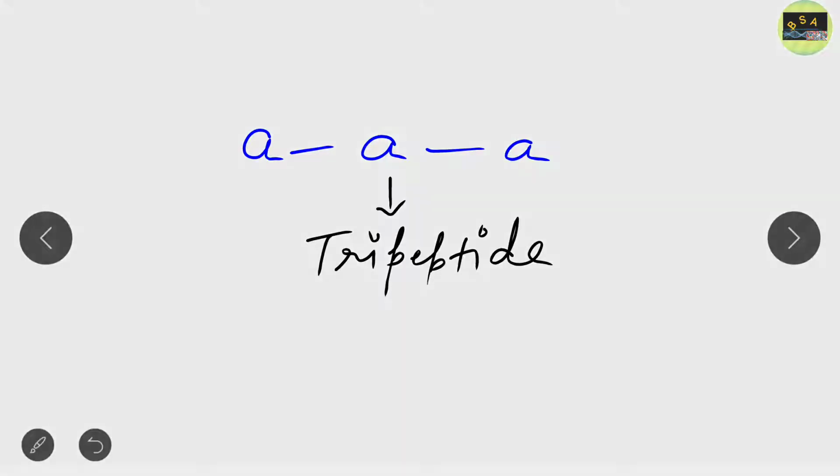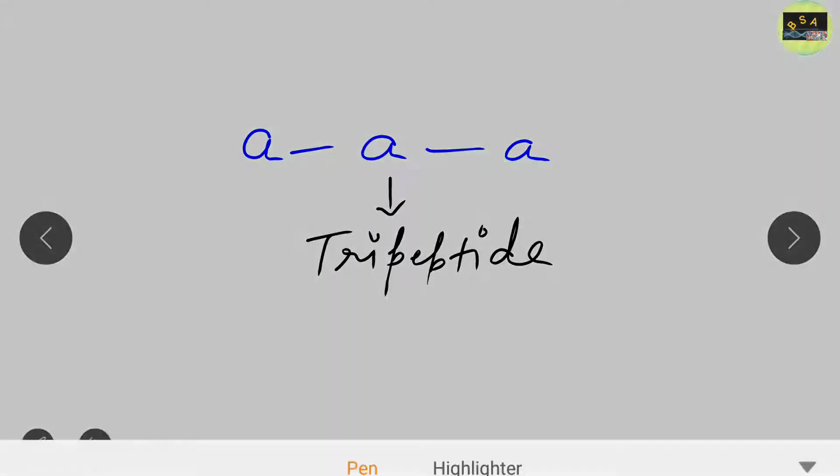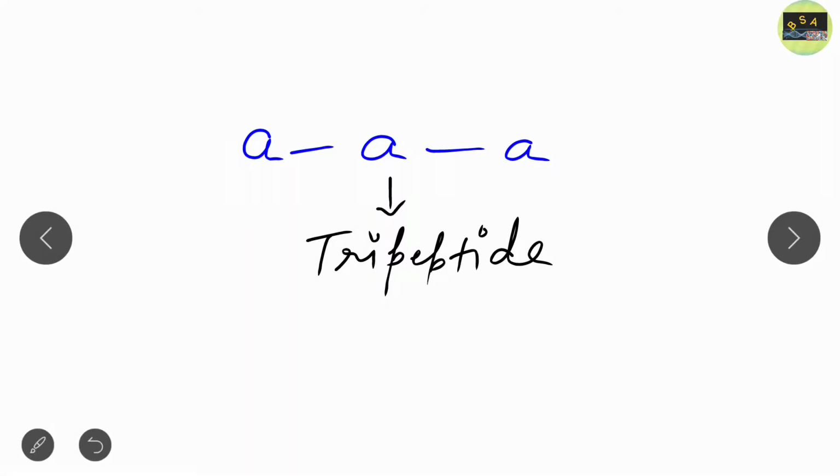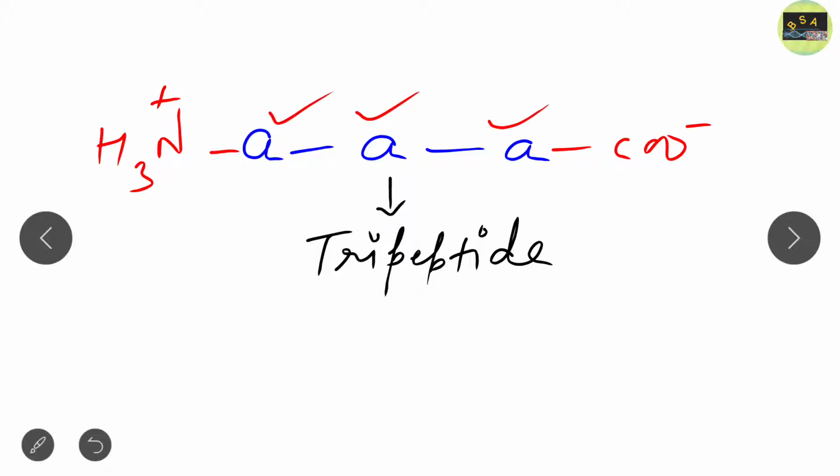This is the carboxy terminal, and this is the amino terminal. Clear? So basically in a peptide, the amino acid residues, like these are the amino acid residues.